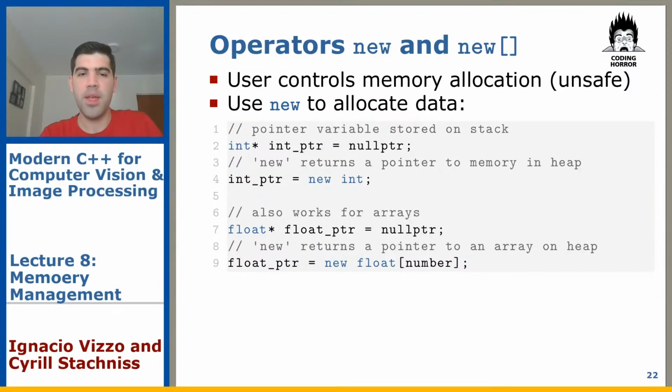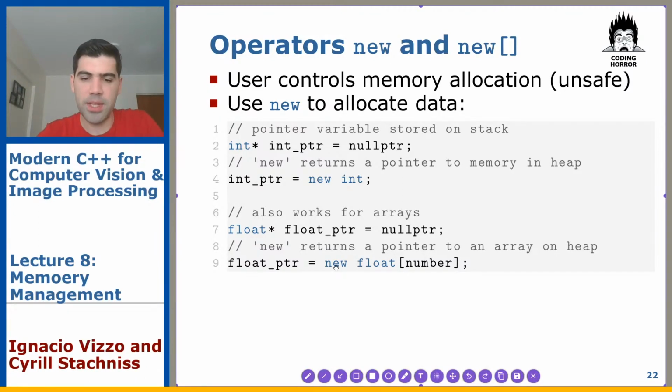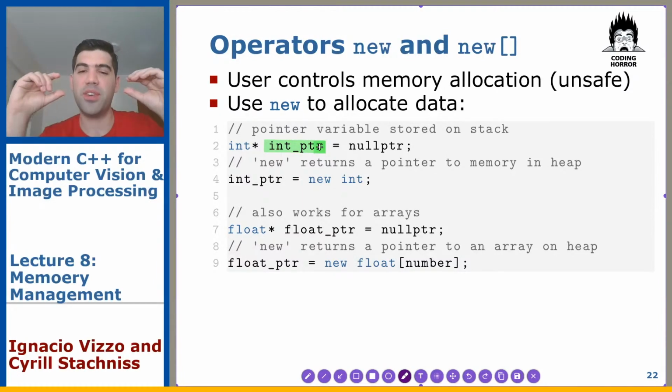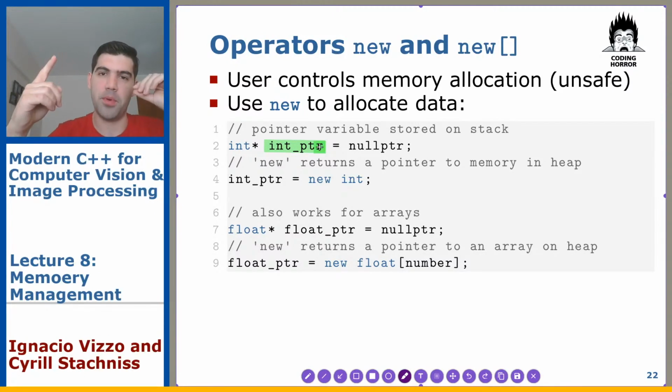So you will use new to allocate that data, and here is something really important. This is a pointer to integer, and this is a variable. So this pointer variable will be on the stack. Keep this in mind. But it will have an address to the heap memory.